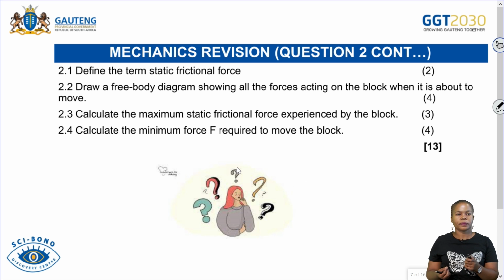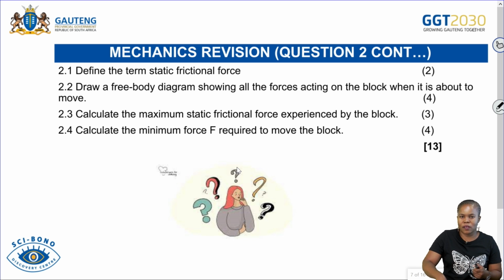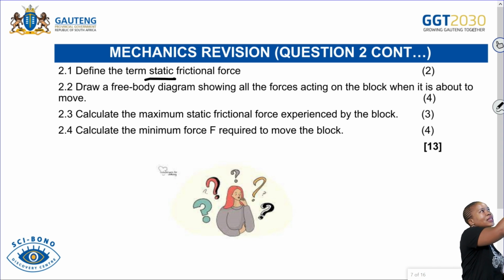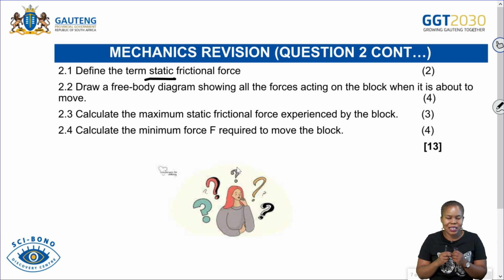First question, we had to define what a static frictional force is. It is a type of frictional force that acts between two surfaces when the object is stationary, because the word static gives us the key that the object is stationary, so it is not moving.